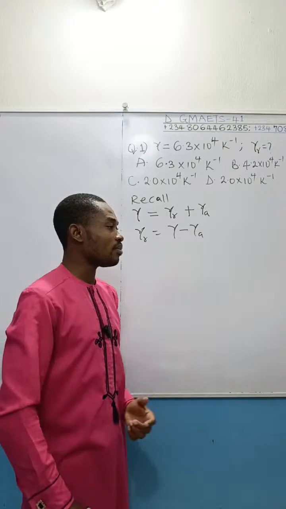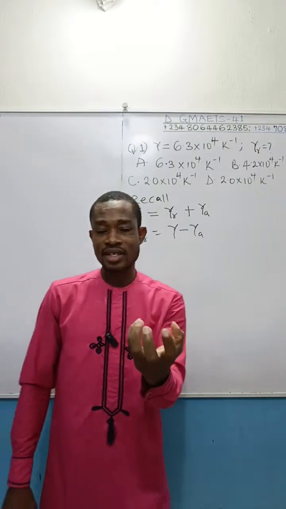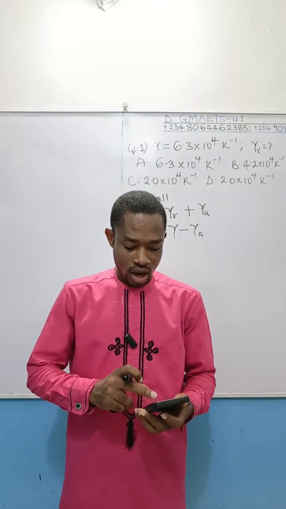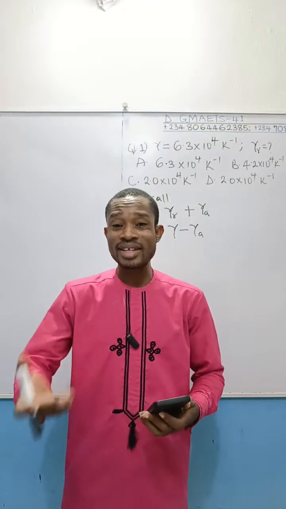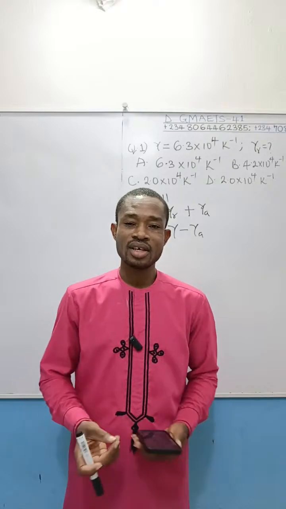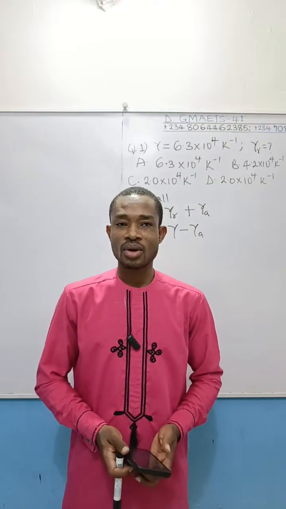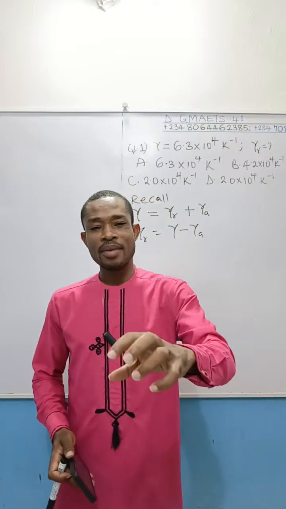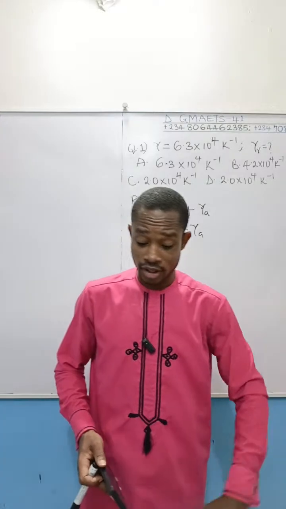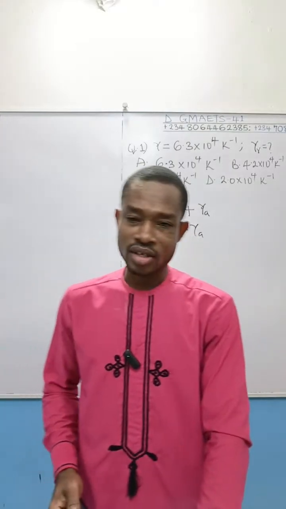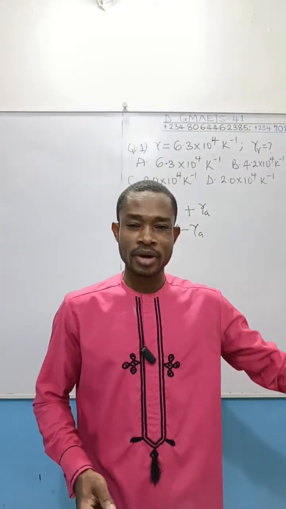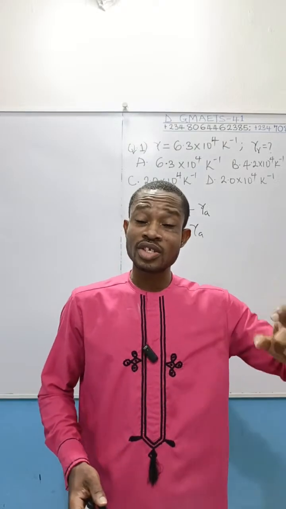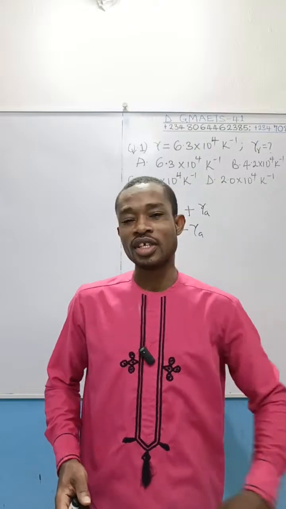Because an assumption can be made that when the vessel containing whatever is being heated, I think according to the question, we're not told it's a metal that was being heated. It's a metal. So if the metal is being heated, then we expect that maybe approximately the apparent expansivity is going to be equal to 0, because for the case of apparent expansivity, it is the increase both in the substance being heated and the liquid contained in it.